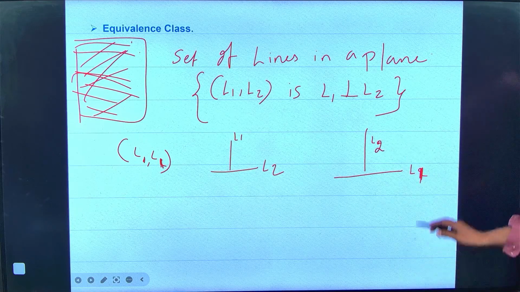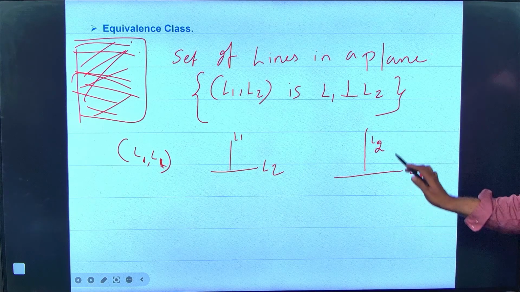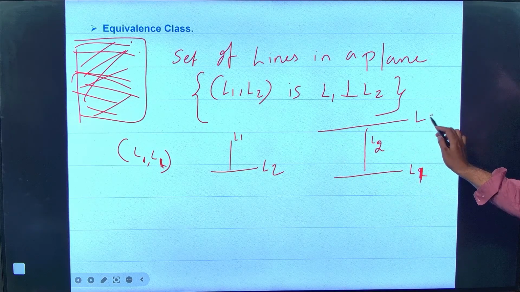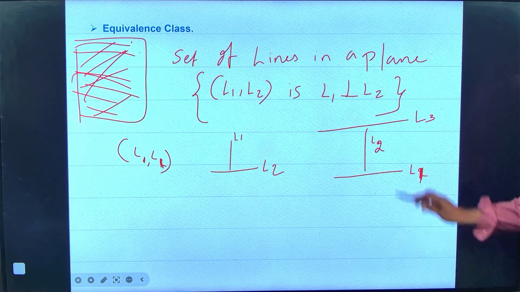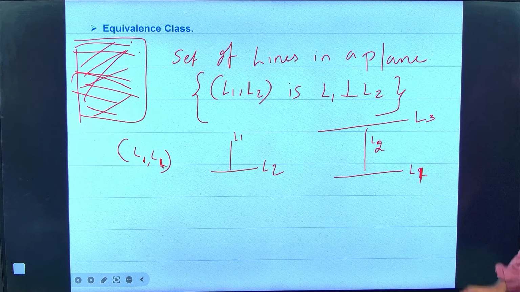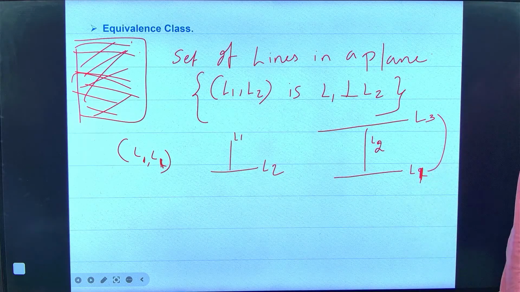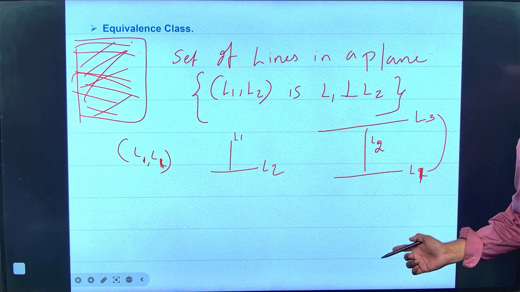L1, L2 are perpendicular. L2, L3 perpendicular. But L1 and L3 are parallel. Correct? In this case, it will fail.